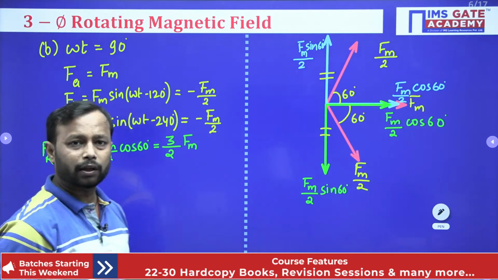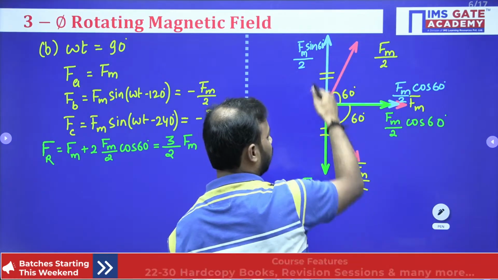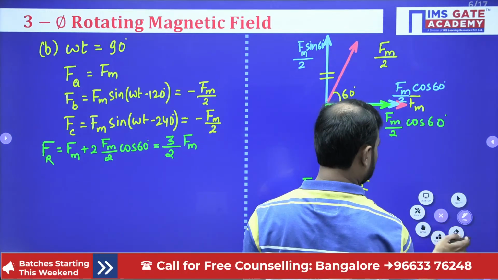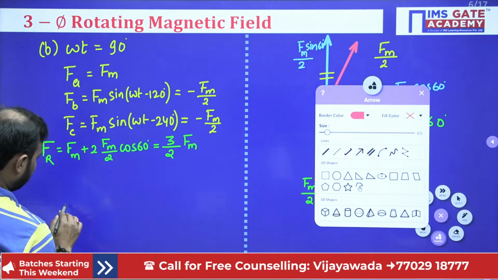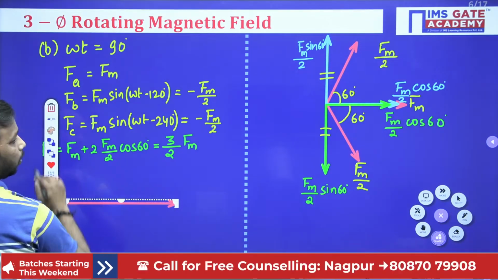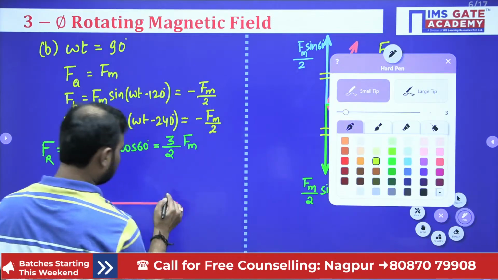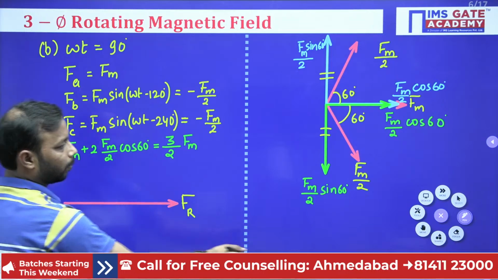Now this time what is the direction? The resultant direction will be this one because these two components are cancelled out. So let me draw here. This time the resultant will be like this. And what is the value of Fr? It is 3 by 2 Fm.